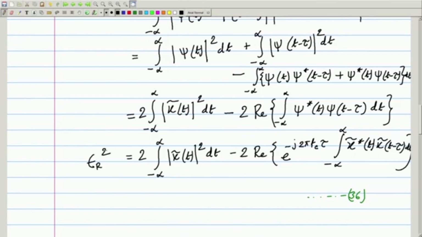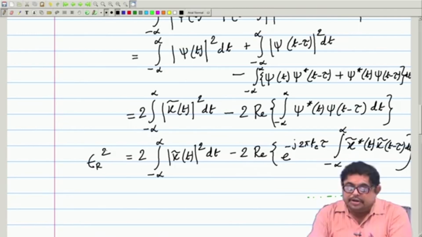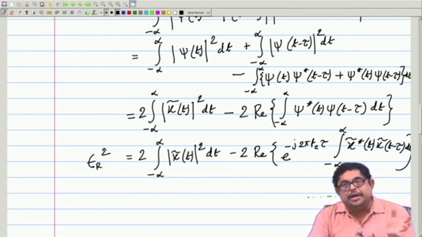Now, you see this x t square, that means whatever is my transmitted signal waveform, it is nothing but the energy of that, because the energy of the complex envelope will be the same as the actual transmitted signal. So, this part is constant, for a given waveform this is constant.